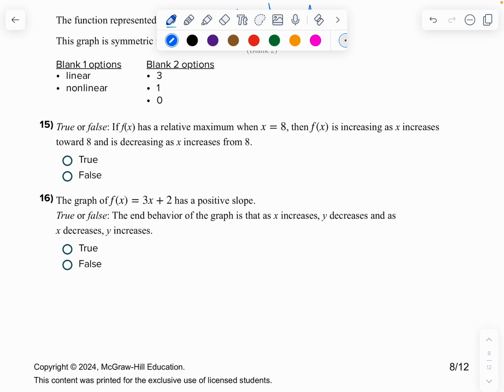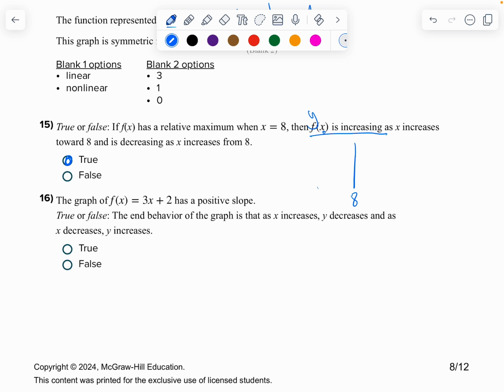If f of x has a relative maximum when x is equal to 8, then the function f of x is increasing as x increases towards 8, and then decreasing. True. So what it's saying is if 8 is here, this part right here is increasing.